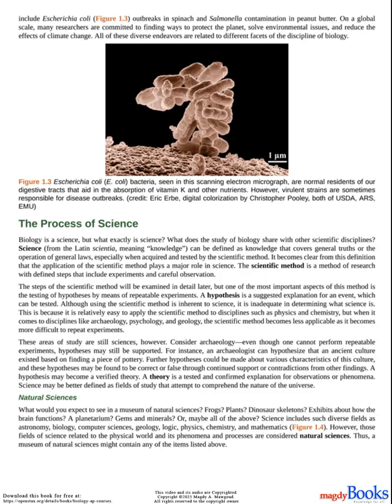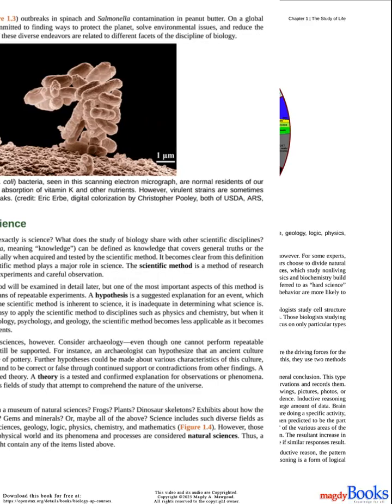Science includes such diverse fields as astronomy, biology, computer sciences, geology, logic, physics, chemistry, and mathematics, Figure 1.4. However, those fields of science related to the physical world and its phenomena and processes are considered natural sciences. Thus, a museum of natural sciences might contain any of the items listed above.